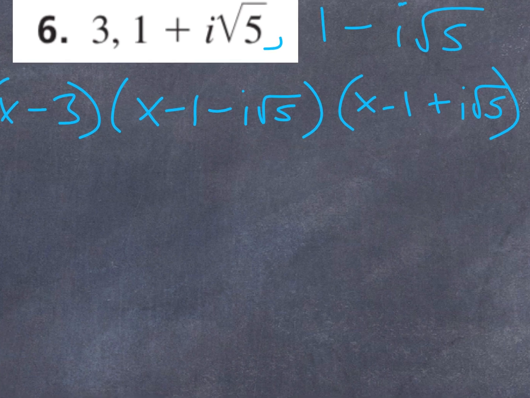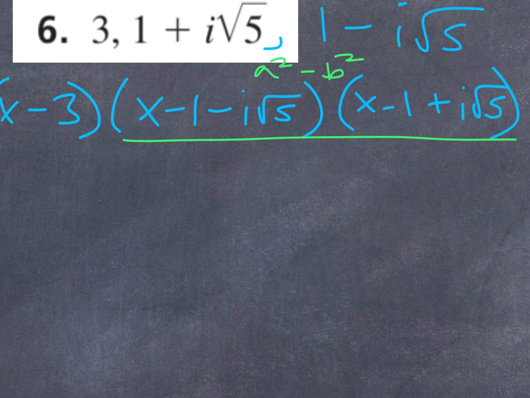So let's focus on the conjugates first. We're going to do our conjugate shortcut, so a squared minus b squared. What's our a? x minus 1 would be our a, because that's exactly the same in both of them. What splits up your a and b are the different signs. And then our b would be i square root 5.